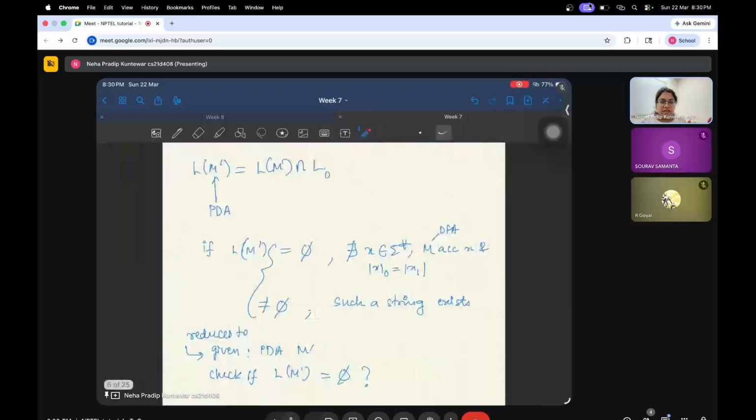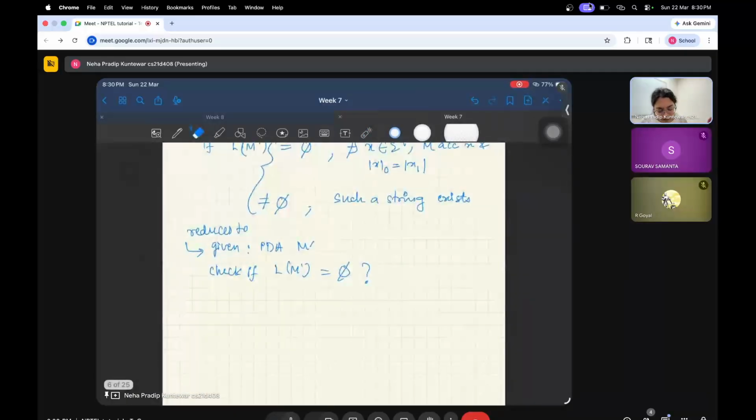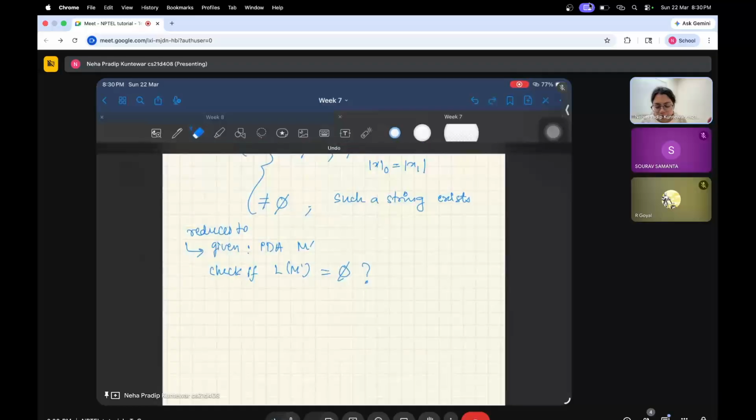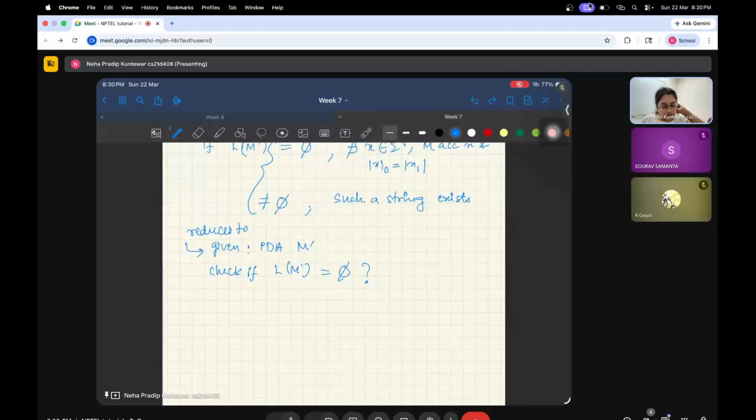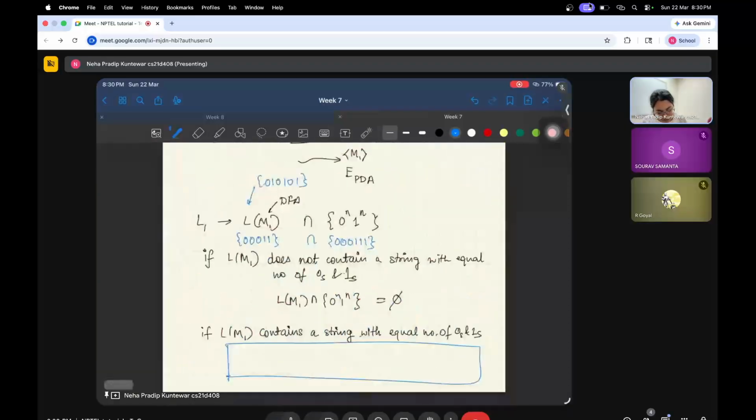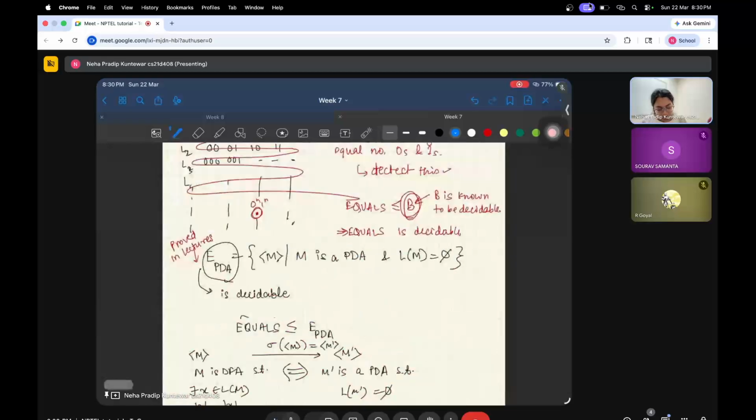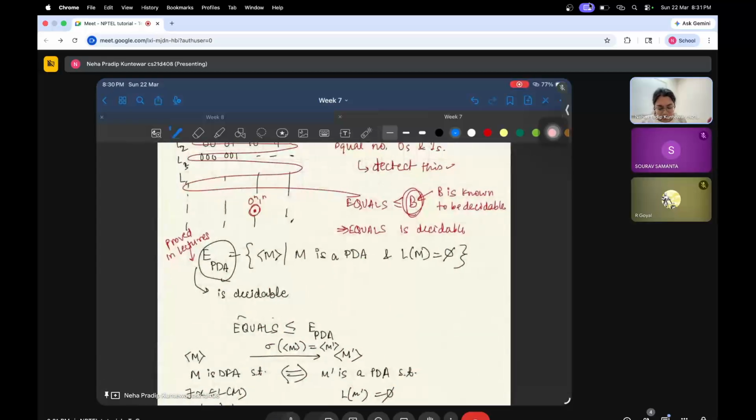So that is basically the spirit of reduction. We are solving some other problem to get our solution. And this problem is exactly what is this EPDA, which is what we defined here. EPDA is the following problem: given a PDA, check if its language is empty or not.